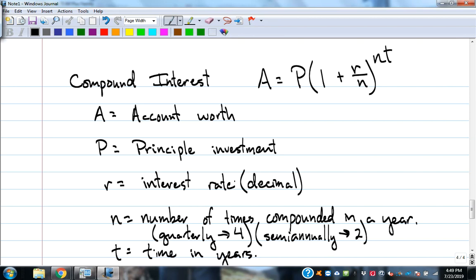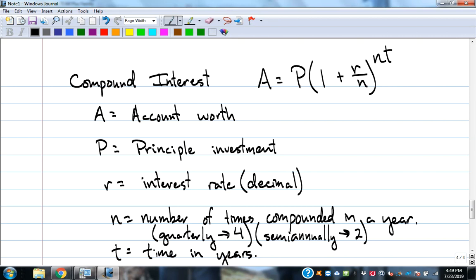So they're going to use a word there. They're not going to come out and say, here's the number of times it compounds in a year. They're going to say those words. So we just have to figure that part out. And then the time, it's always in years. So if they say 6 months, then you need to convert that into years. It's 0.5 of a year. Okay, so time, when you put that number in, it should always be in terms of a year.